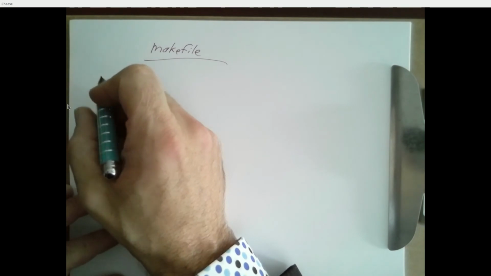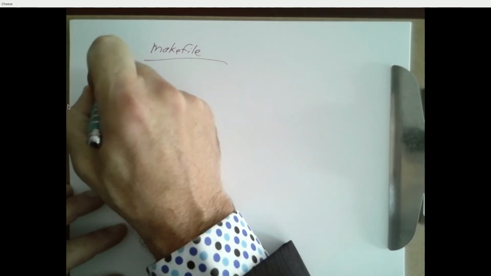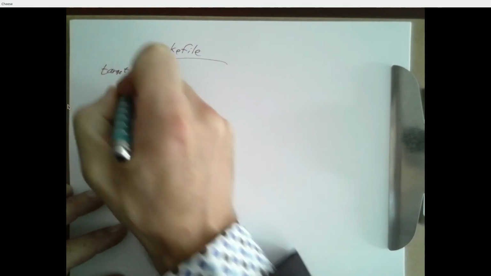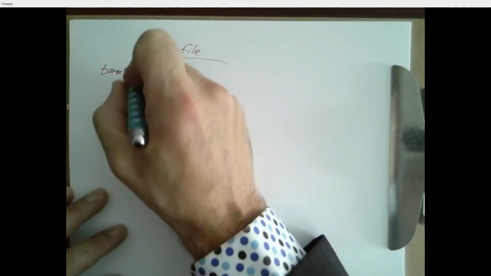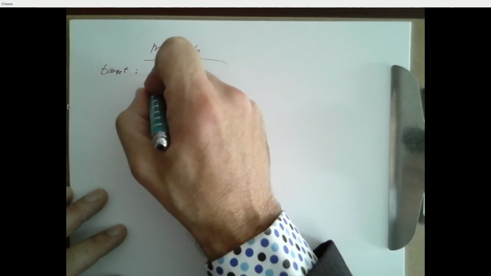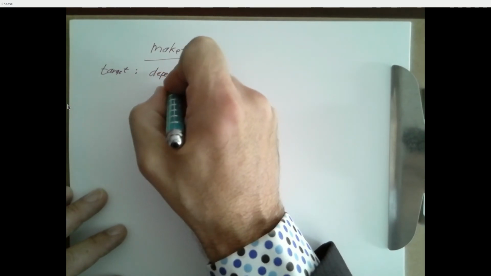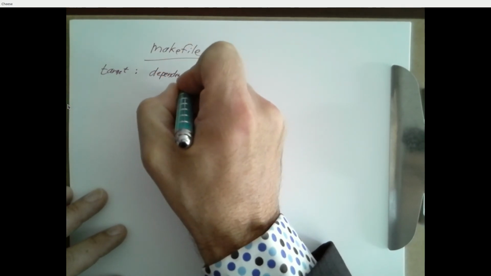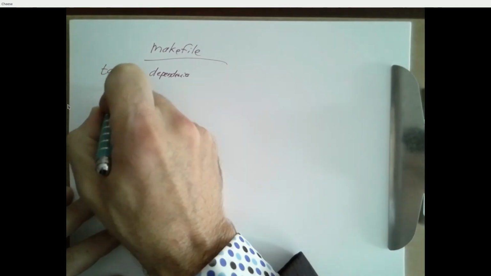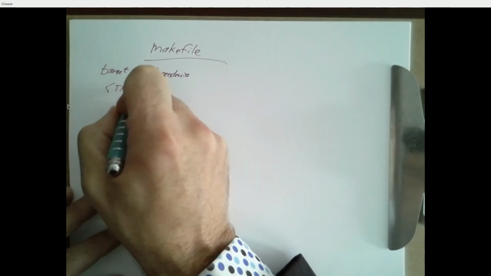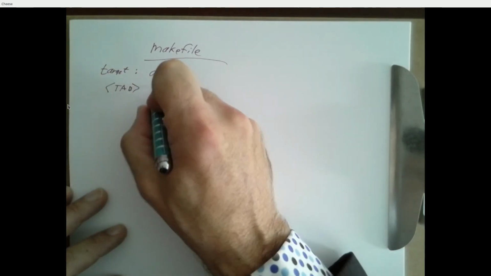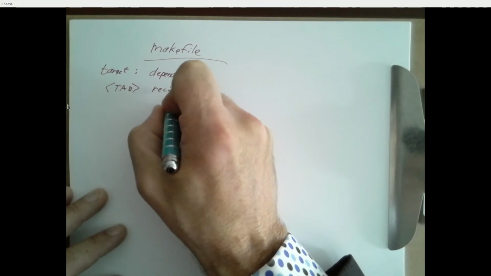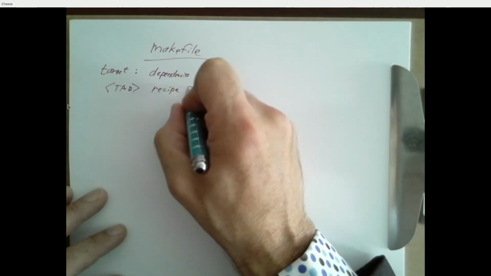So the first line says, what's the thing that we're trying to make, colon, what does it depend on? And the second line starts with a tab, and it's got to be a tab, can't be spaces, and is followed by a recipe for making the target.